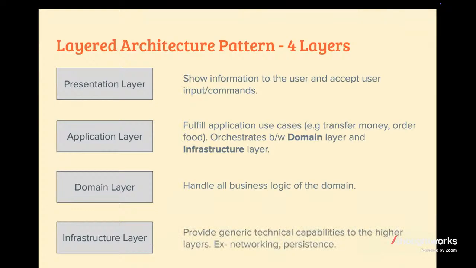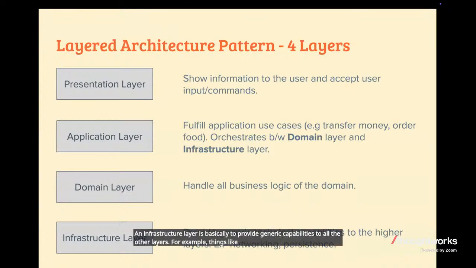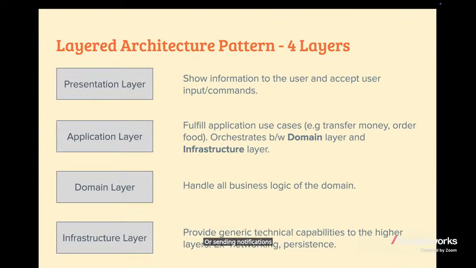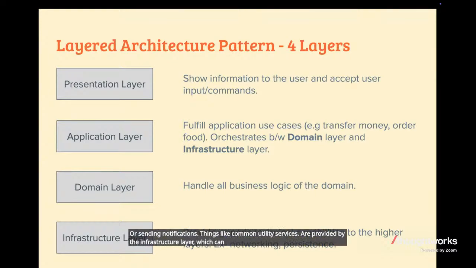The infrastructure layer is basically to provide generic capabilities to all the other layers, for example, things like making network calls, saving information to a database, or sending notifications. Common utility services are provided by the infrastructure layer, which can be used by higher layers.